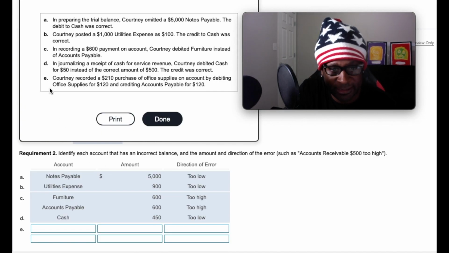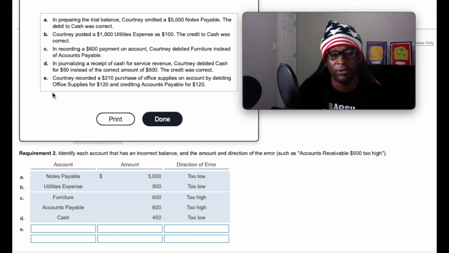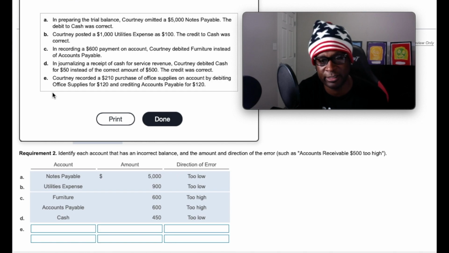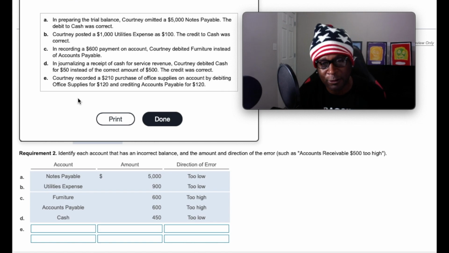And last but not least, Courtney recorded a $210 purchase of office supplies on account by debiting office supplies for $120 and crediting accounts payable. Courtney made the correct journal entries, but she just had the incorrect amounts for each account. So when she was trying to increase office supplies by $210, she erroneously did it for $120, which is a $90 difference.